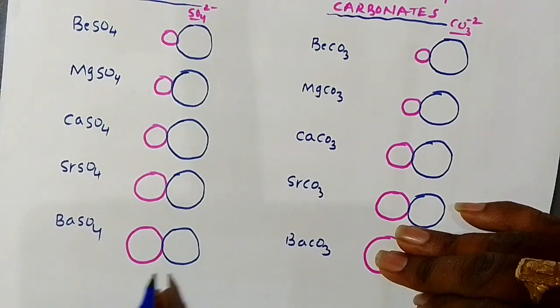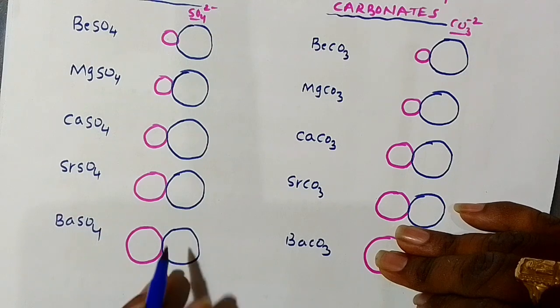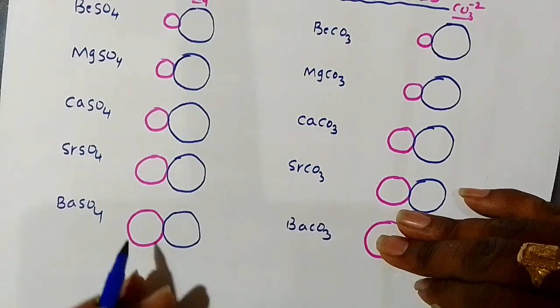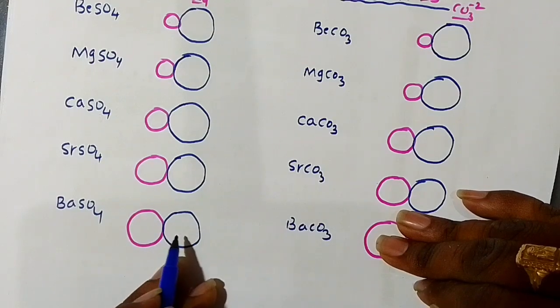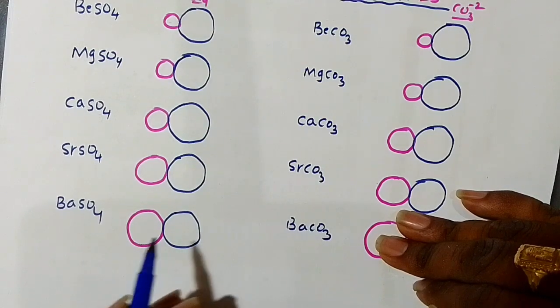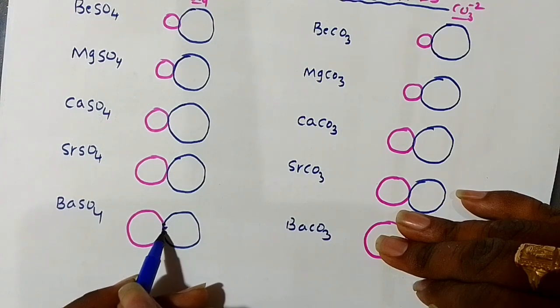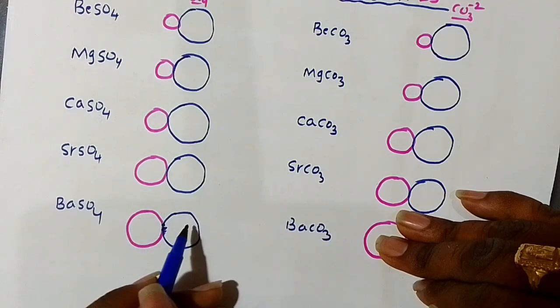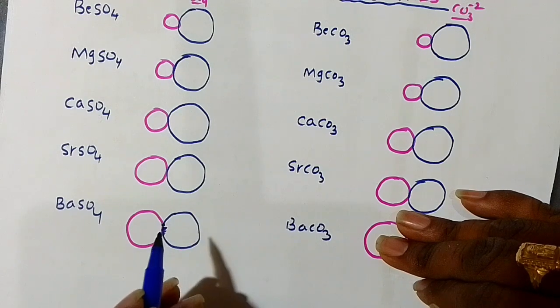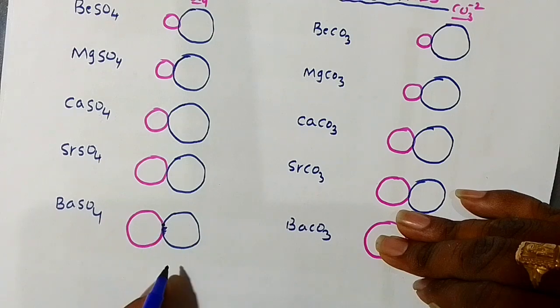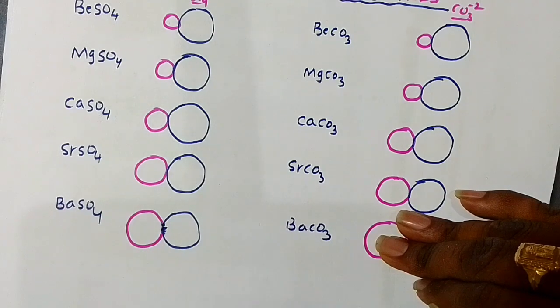If the two ions are approximately equal in size, a strong force of attraction exists between them, and to break them it takes more energy.